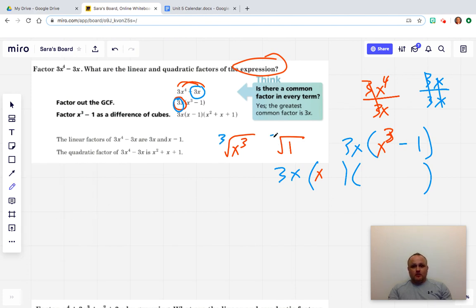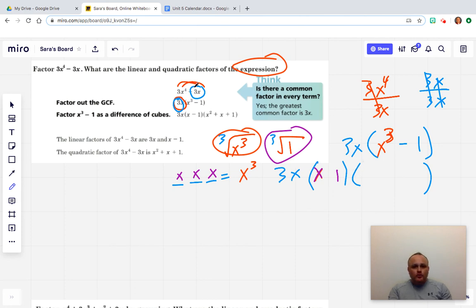That means backwards, break them down. This would go to x. What's the cube root? So what times itself 3 times would give you x cubed? Is what this right here means. Well, that would be x. So that's why I wrote an x right here. Okay? The cube root of 1 is just 1.